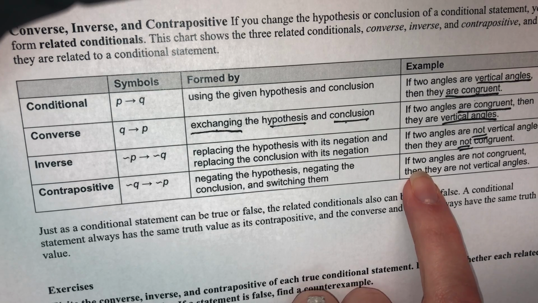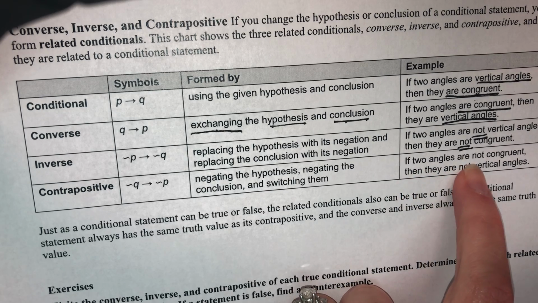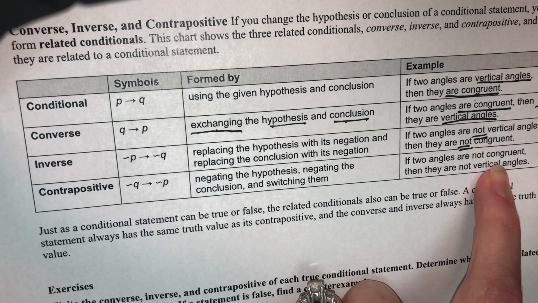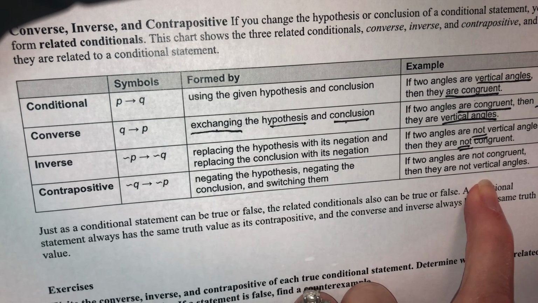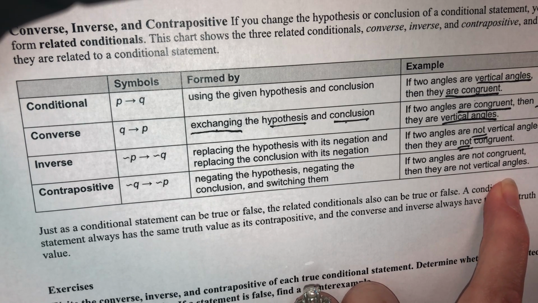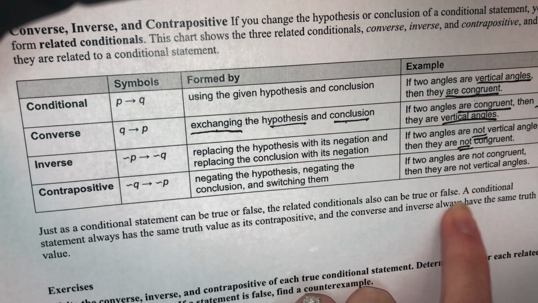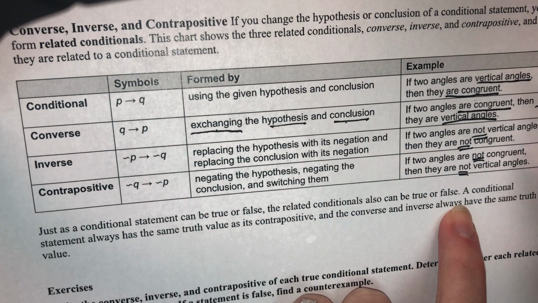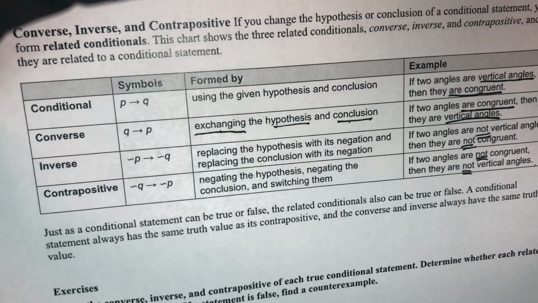So we're saying if two angles are not congruent, notice the order is like the order of the converse here, then they are not vertical angles. Okay, so we've got the word not in both the hypothesis and the conclusion, but we've got the reverse order of the hypothesis and the conclusion from the original conditional statement.